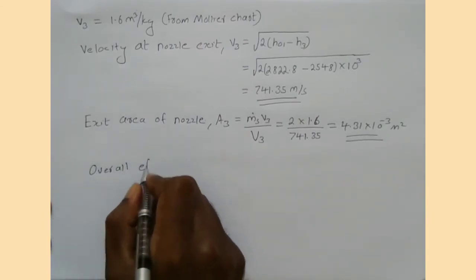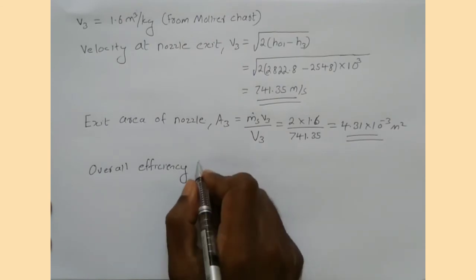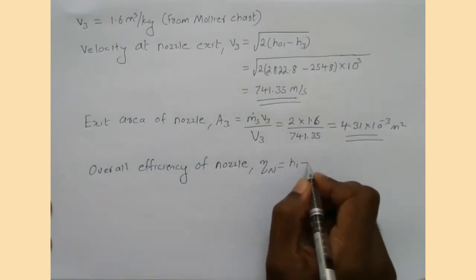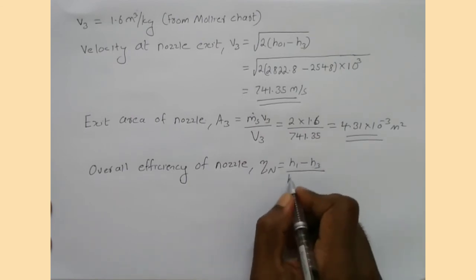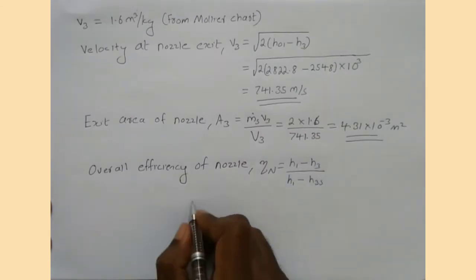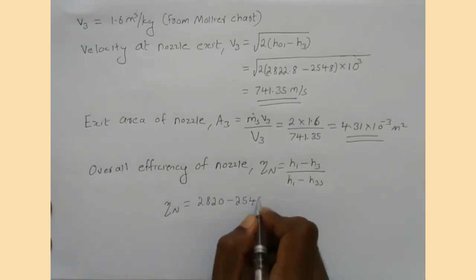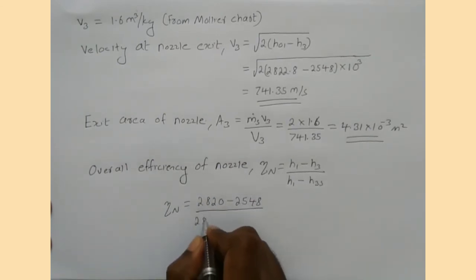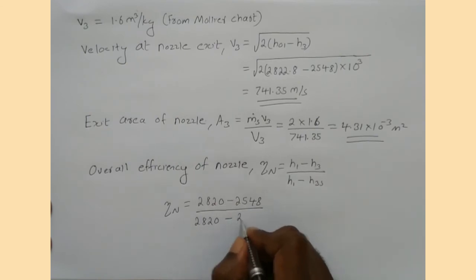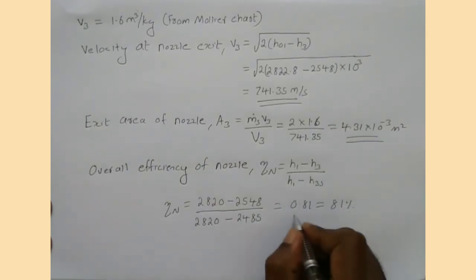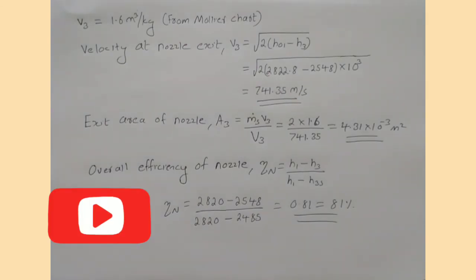Now the overall efficiency of the nozzle is equal to H1 minus H3 by H1 minus H3s, and after substituting values we will get efficiency as 0.81, that is 81%. Okay, I hope you understood the problem.